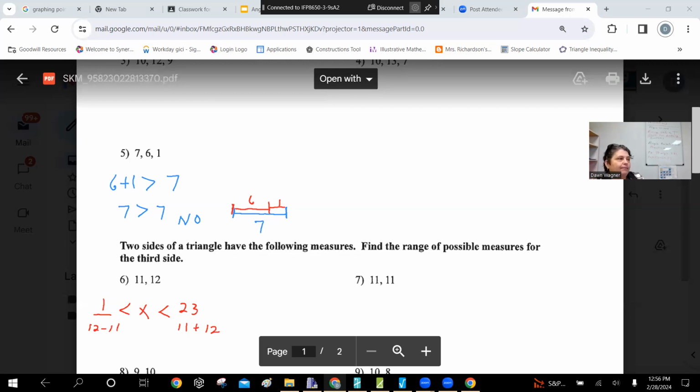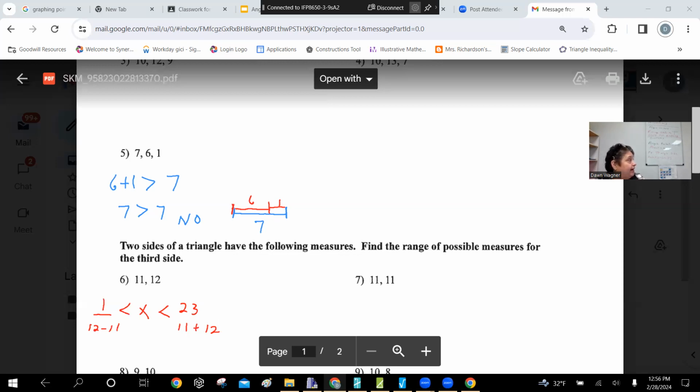So let's say a farmer has a length of 11, I don't know, feet of chicken wire and another length of chicken wire that's 12, and he's trying to make a pen. And he's going to buy another set of chicken wire to make a triangular pen, because I'd only need 3 sides.